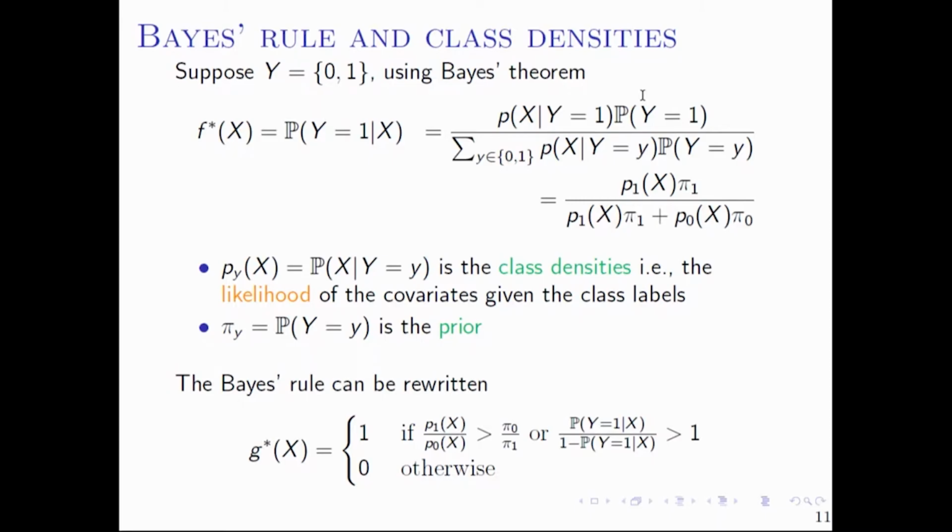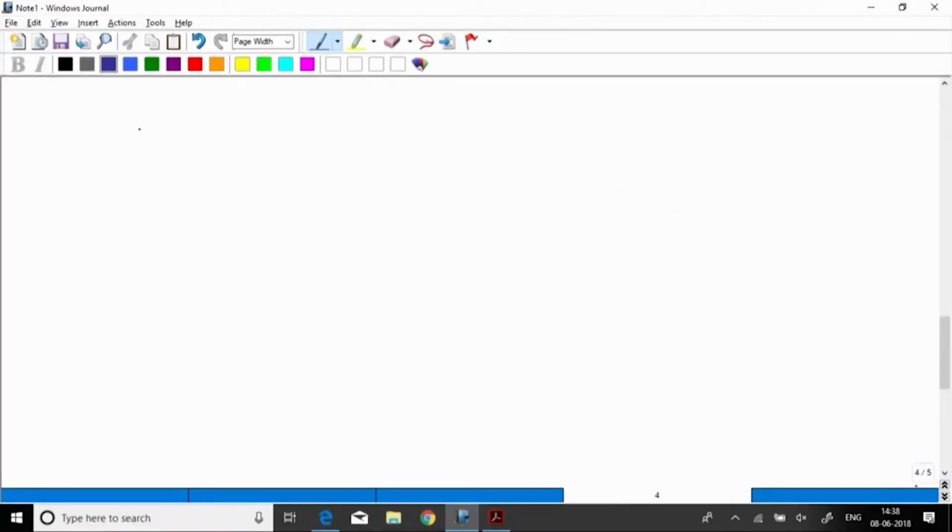So according to the Bayes rule, if you remember, g star of x was equal to 1 if the probability of y equal to 1 given x is greater than the probability of y equal to 0 given x.